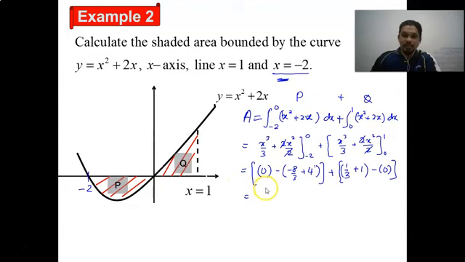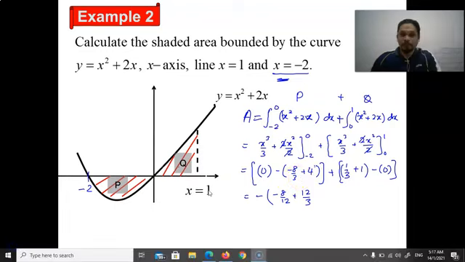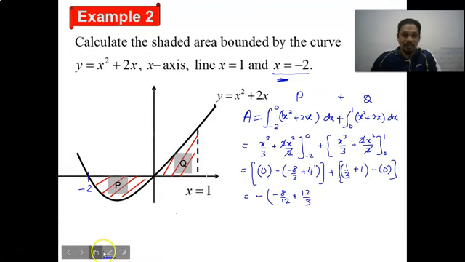Okay, look at this one here now. 0 minus, what about this one here now? Turn this 4 into a fraction with the denominator of 3. Oh no, 4 times 3 is 12. Okay, I made a mistake here, sorry then.